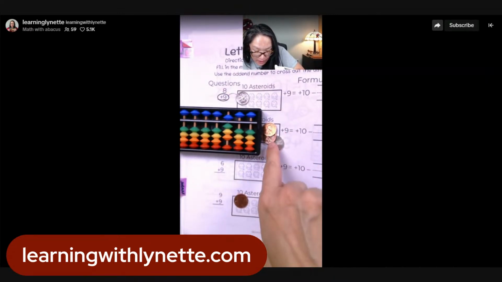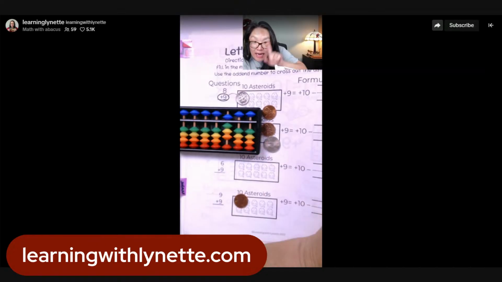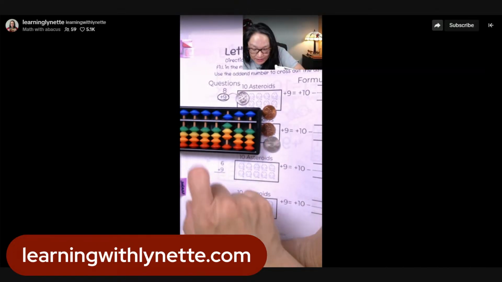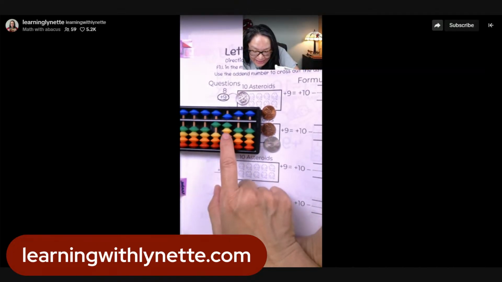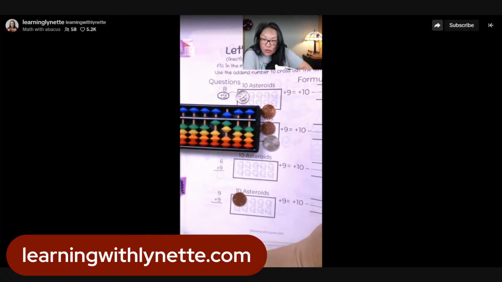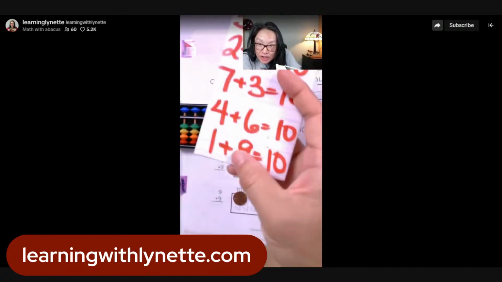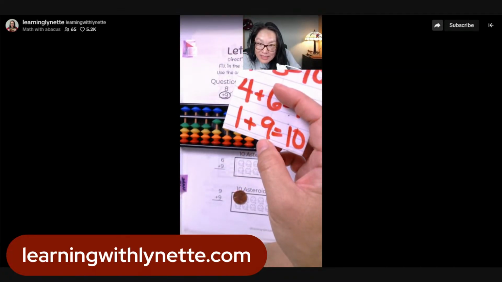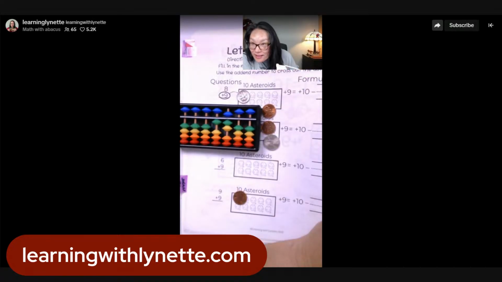I can show you on the abacus. I can add the 10 and I take away the 1. What did I just do? I just did some modification. I did 1 plus 9 is equal to 10, right? Makes sense?